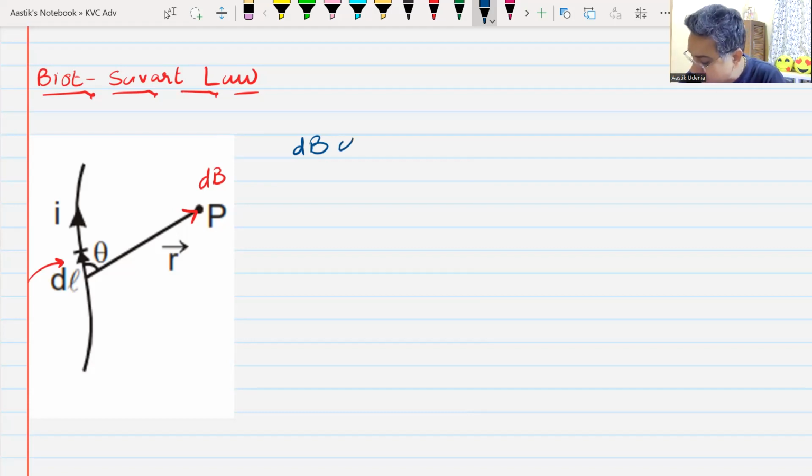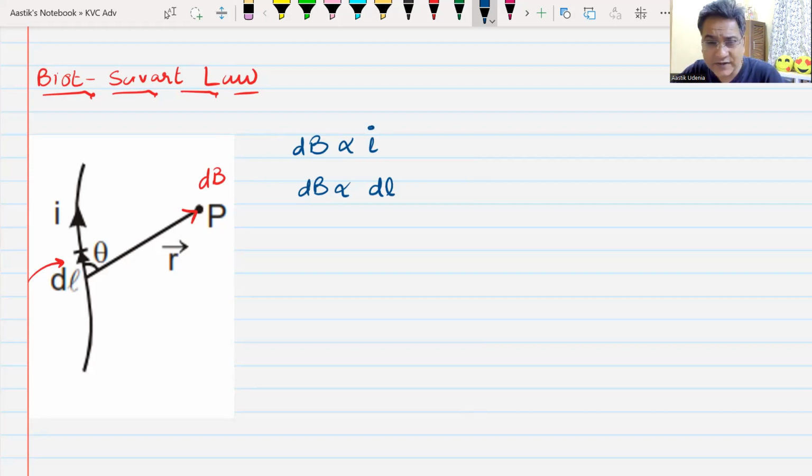So it will depend on the magnitude of current which is flowing in the wire. It will also depend on the length of this current carrying element. If the length is small, the magnetic field is small. If the length is more, the magnetic field will be more. So basically, it will depend on the multiplication of I and dl.